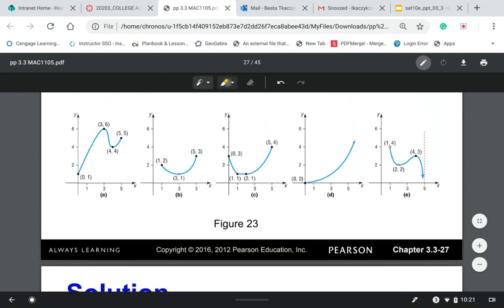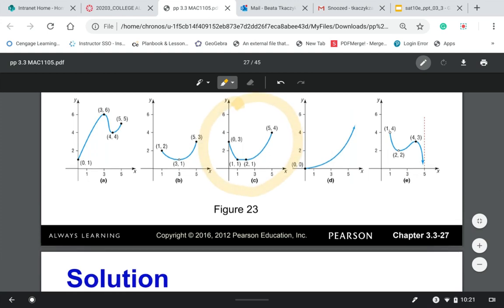You can apply it on this graph because the domain of this graph is the interval for x from 0 to 5, and the theorem tells you that if the domain of the function is a closed interval, then this function has an absolute minimum and an absolute maximum.